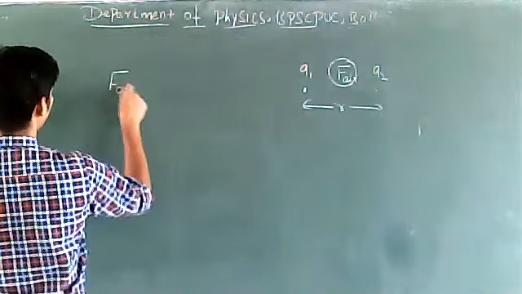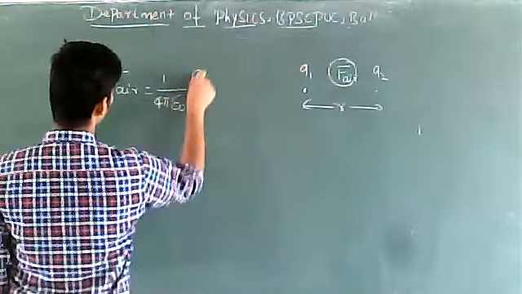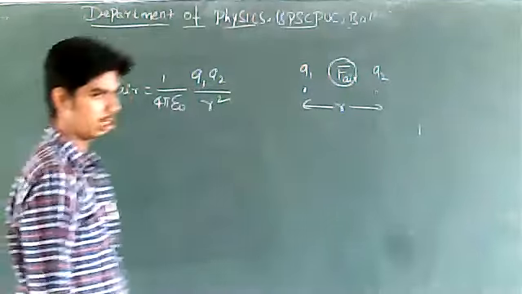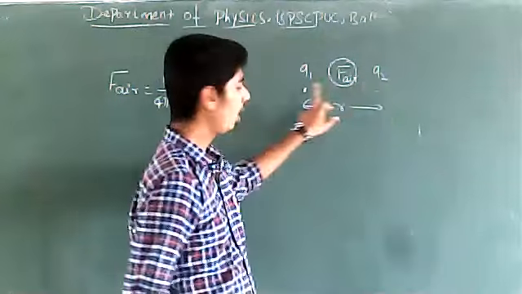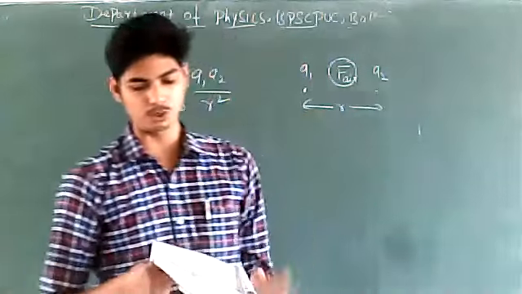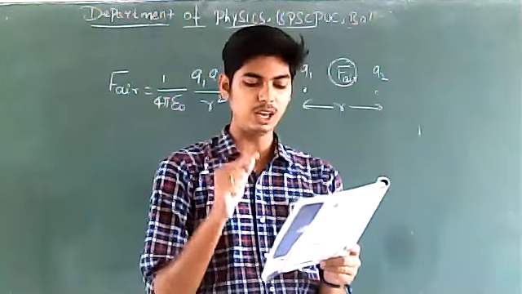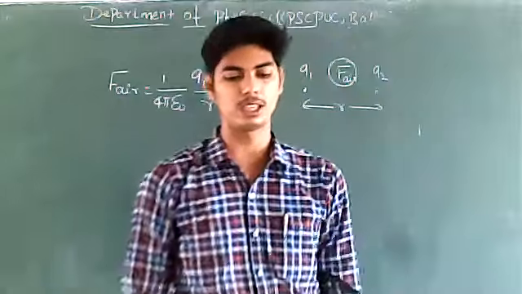F air will be 1 by 4 pi epsilon naught Q1 into Q2 divided by r square. Then we need the distance at which they will experience the same force in a medium of dielectric constant K.